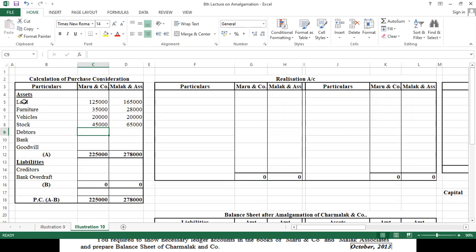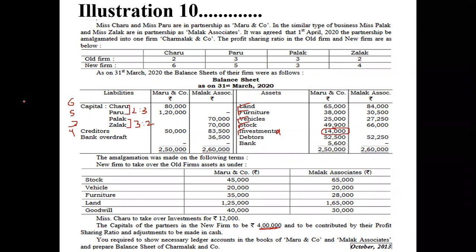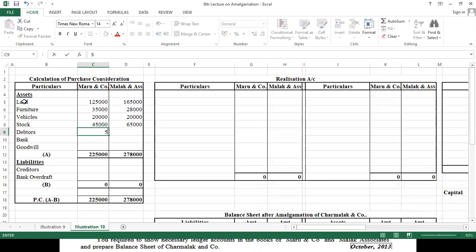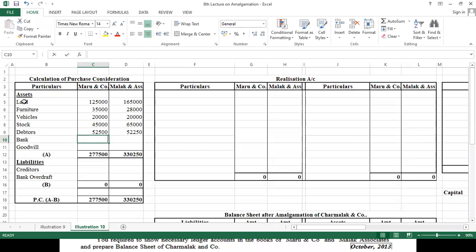Debtors' new value is not given, so we are going to take book value, 52,500 and 52,250. Bank balance is only with Maru, 5,600, and here we don't have any bank balance.